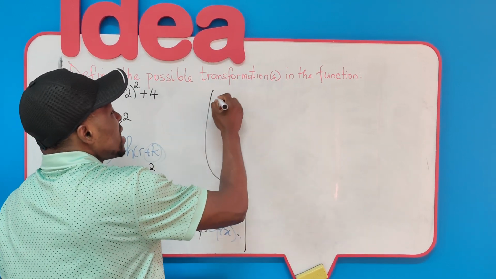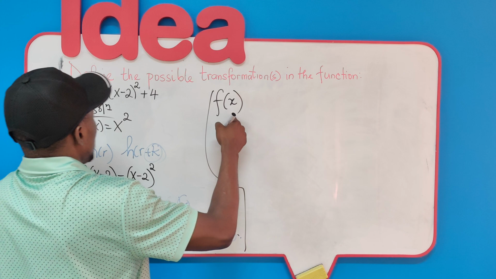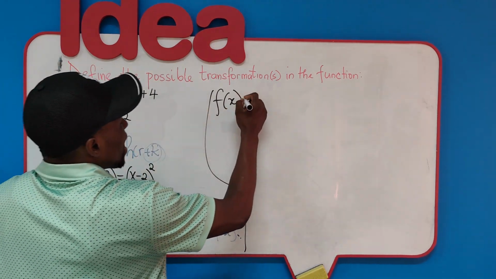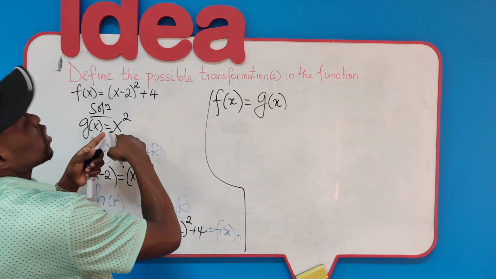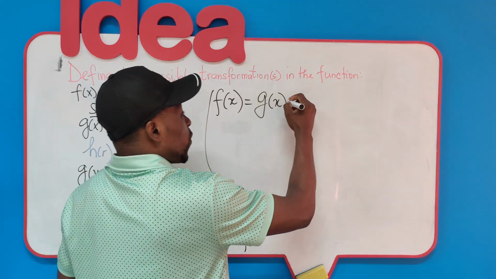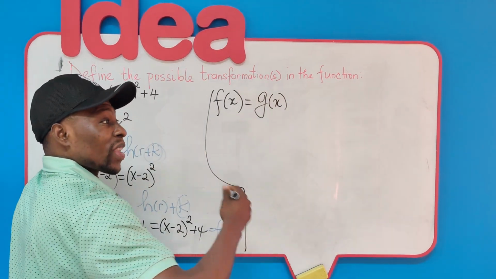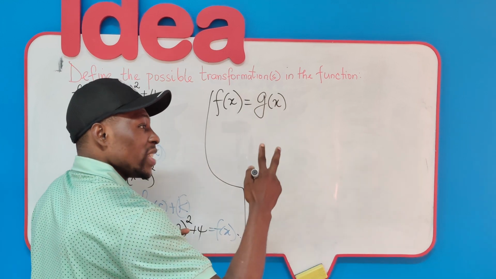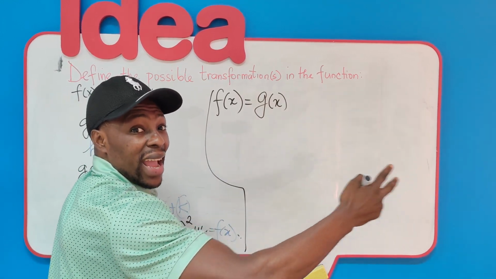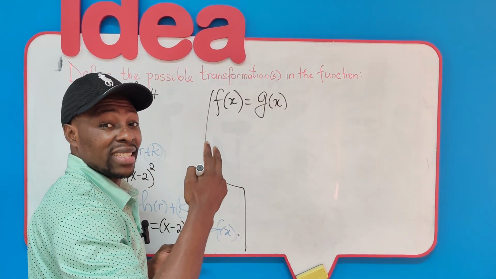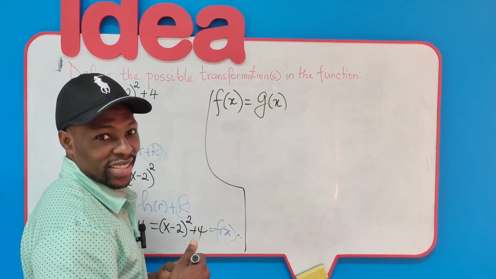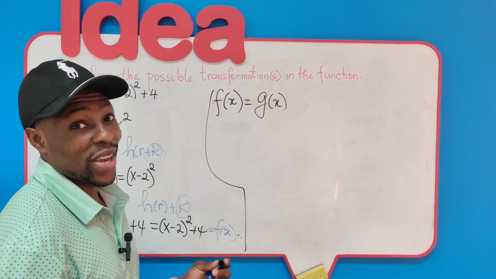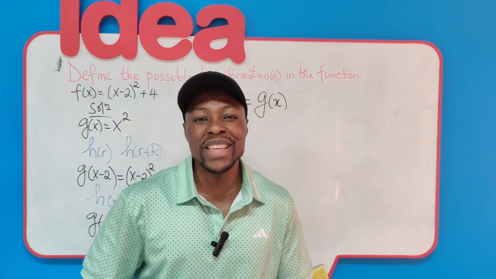We will say that the function which they gave us, f of x, is actually a certain original function g of x, which we've already defined here, which was first of all translated horizontally 2 units to the right, and next was then translated vertically 4 units upward. And this is how simple it is, because tomorrow will be better.